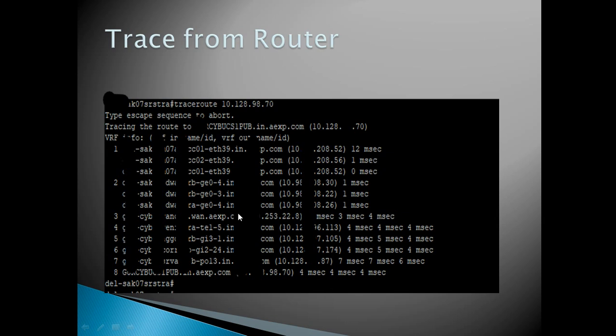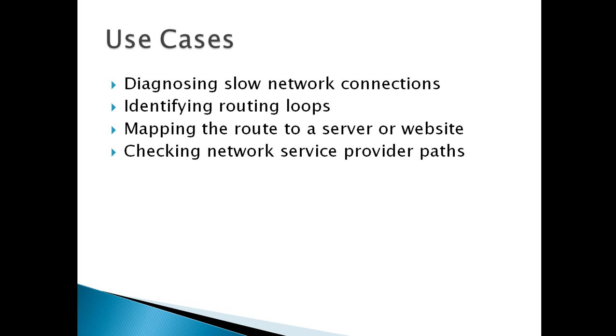So these are the useful commands which you can use in your daily operations work in the network field. The main use case is to check slowness in the network. If there is any slowness in the network, you can run these commands and identify which device is causing the problem, and you can take action accordingly.